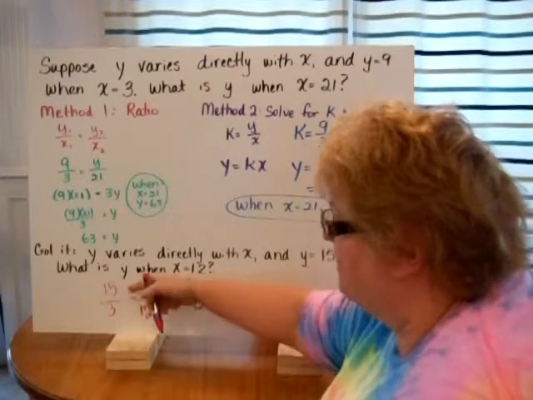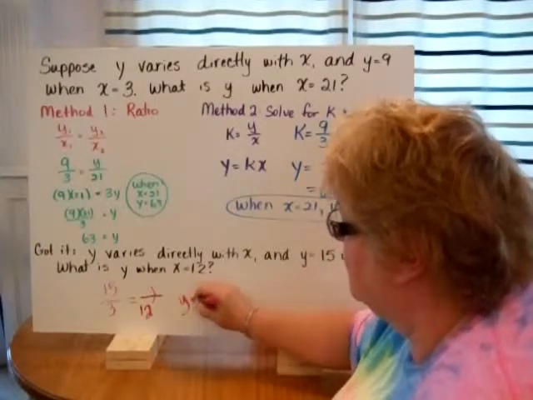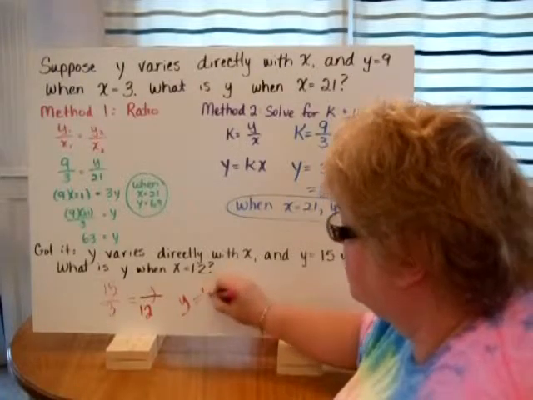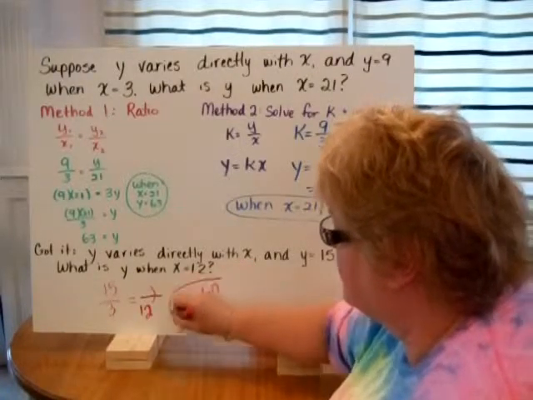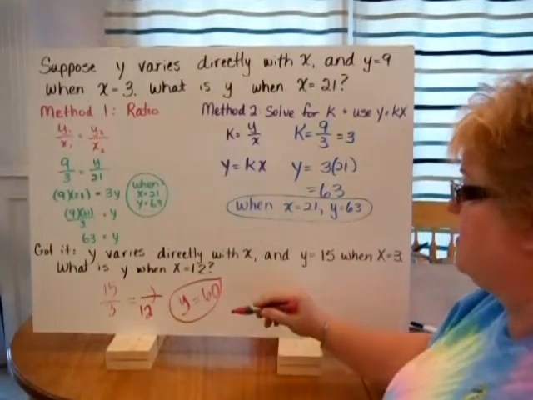Working this out, we would have 15 times 12 divided by 3, which gives us y equals 60. So we know when x is 12, y equals 60.